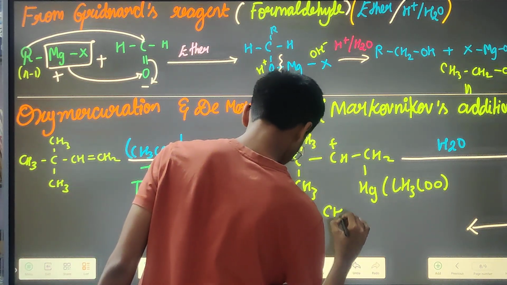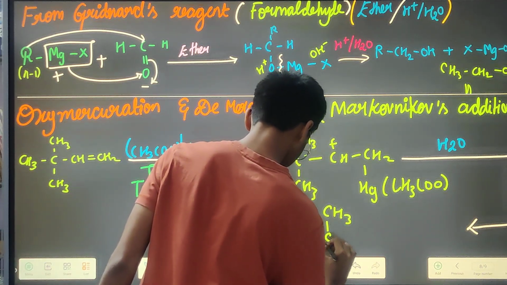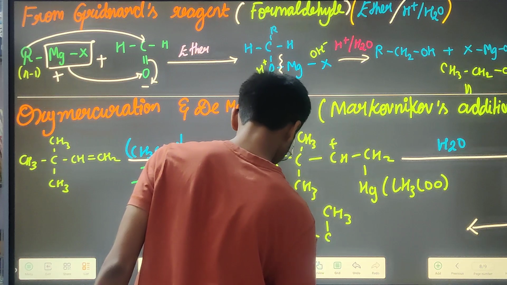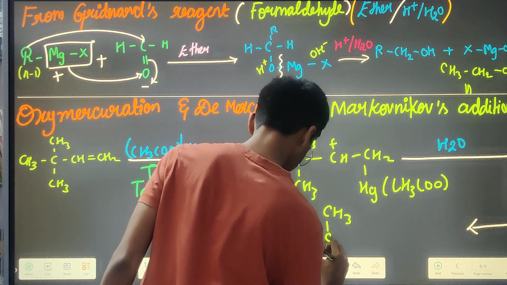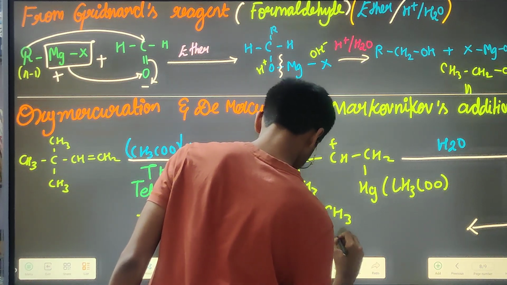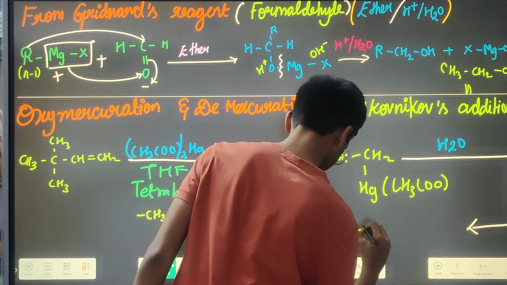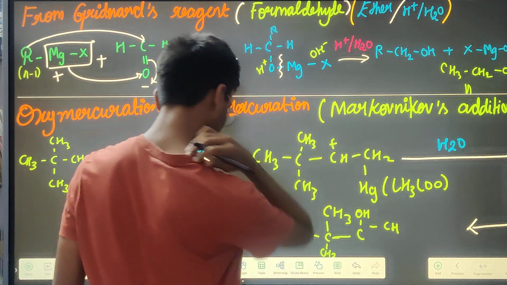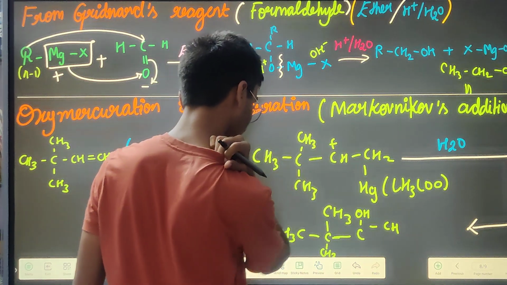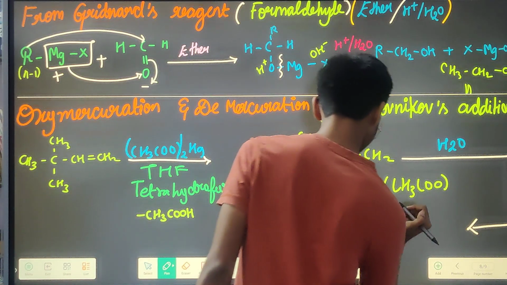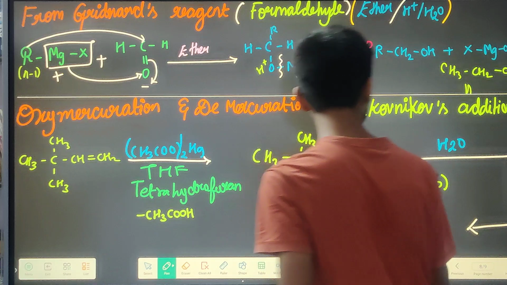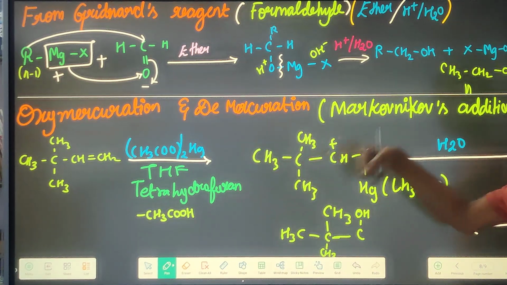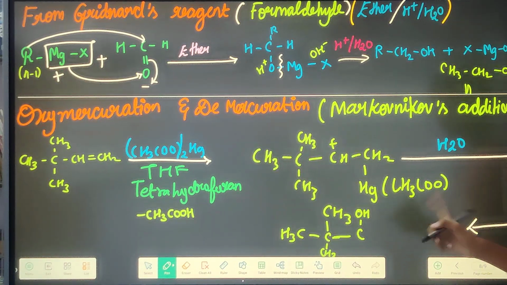So actually now you are not demercurating it. Later on only we are going to demercurate it. Sorry. Here you are mercurating it, but then you are going to do demercuration after this.